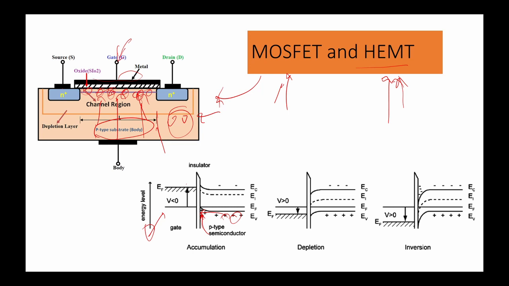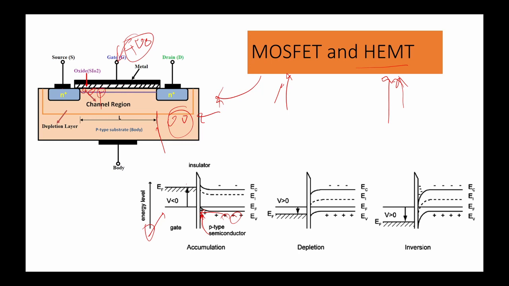In the next case, when we apply a positive voltage, there will be a depletion of the charges, so holes will move away from the junction. As we apply more and more positive voltage at this junction, there will be an inversion of the charges.